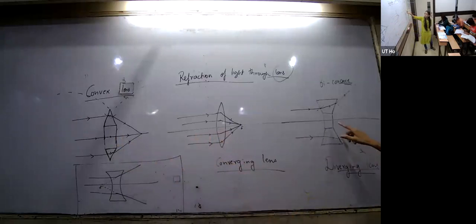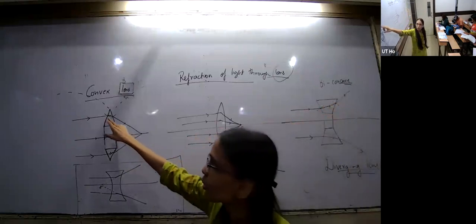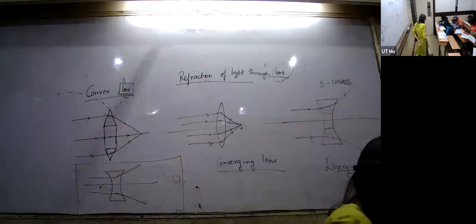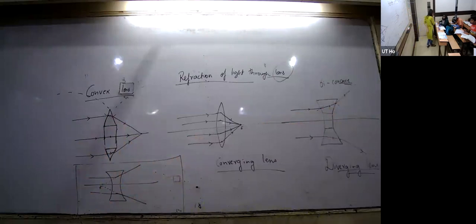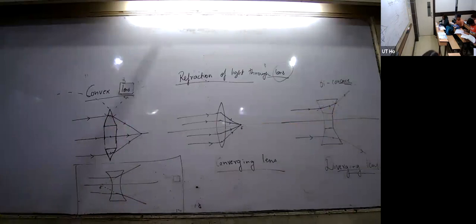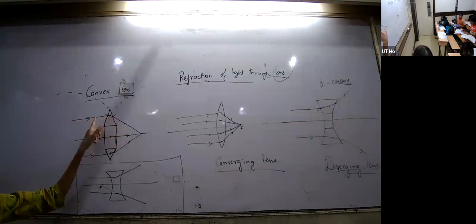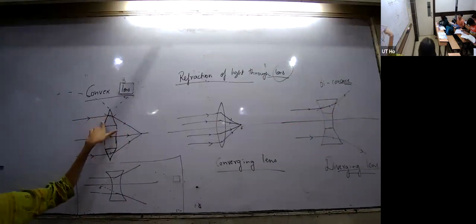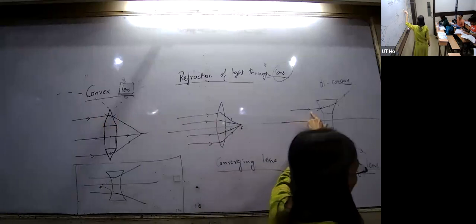Make sure in this diagram you draw the normal properly, and here also. It's all right if you do not draw these two. I just drew them to show you. This is more important. At least give one. I need to check this first one and this one.